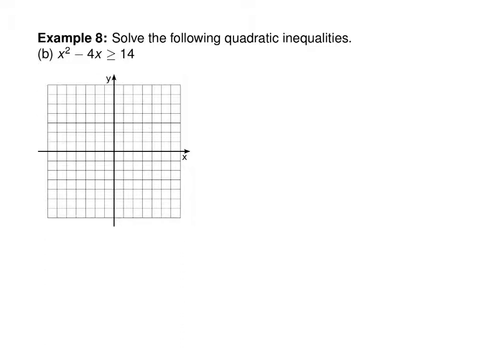All right, so x squared minus 4x plus 14 bigger than or equal to 0. Oh, that's wrong. That should be minus 14. Yes, it should. Thanks. Okay.